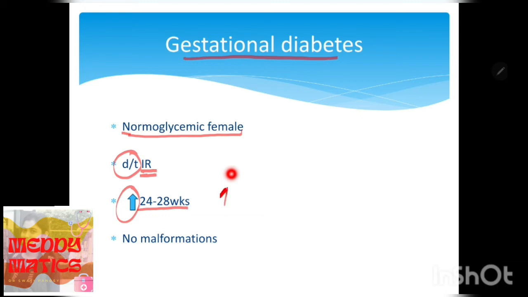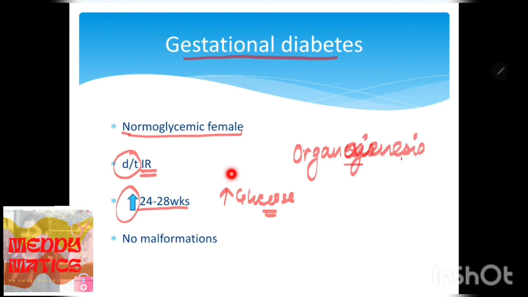So the glucose is maximum at 24 to 28 weeks or after, and thus organogenesis is already done. The organs are already formed, the limbs are already formed. So there are least chances, in fact no chances, of malformations here.